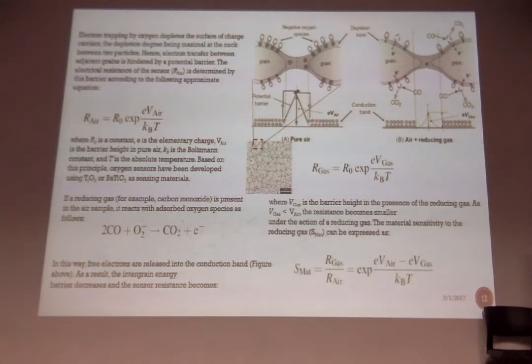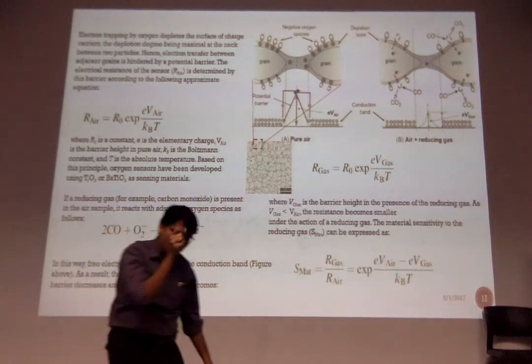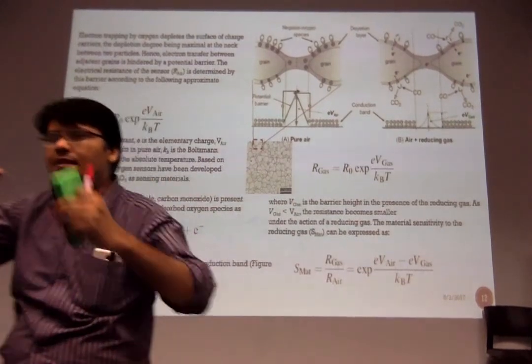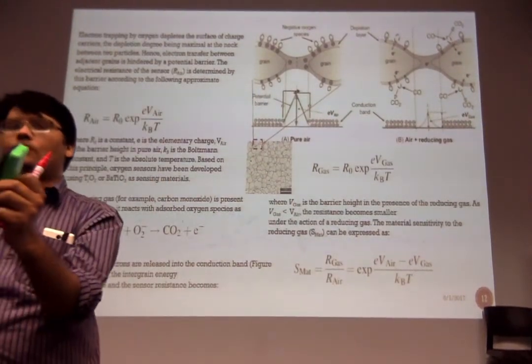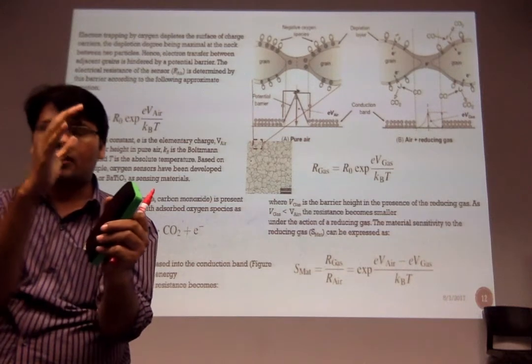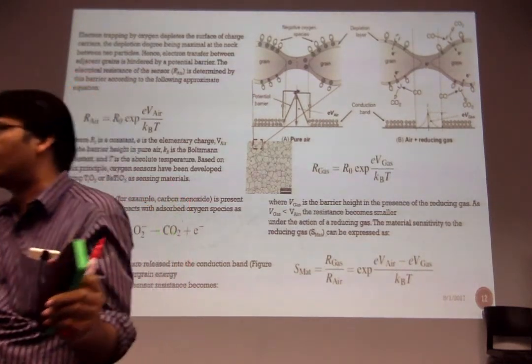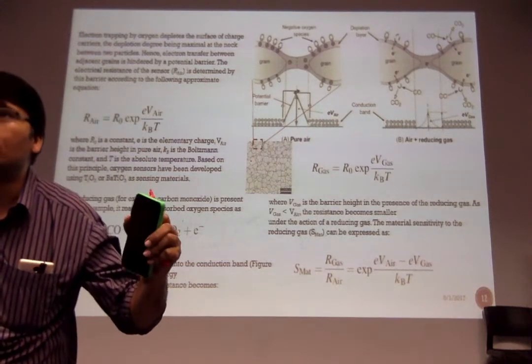Now I'm just going to zoom in on only two closely attached grains. Now what happens is, since they have oxygen, that means they all have oxygen at the end, right? So what the oxygen does is trap the electrons, and so the electrons cannot move from one grain to another grain. Do you get this?